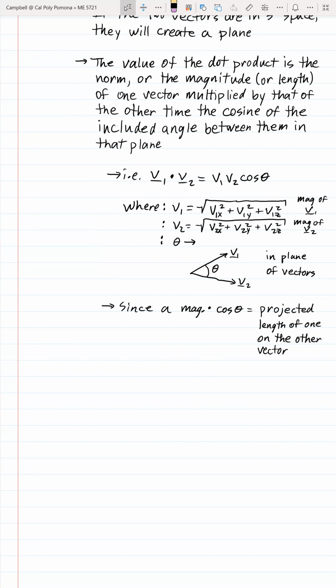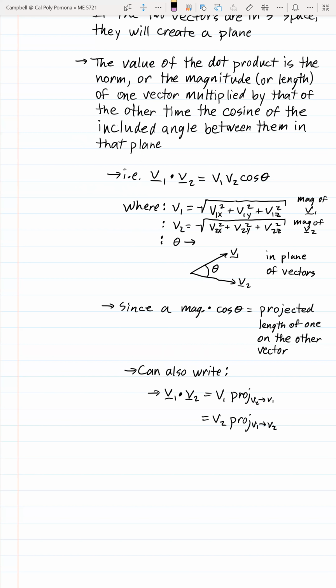That means that we can also write that v1 dotted with v2 is equal to v1 magnitude times the projection of v2 onto v1, which is also equal to v2 times the projection of v1 onto v2.